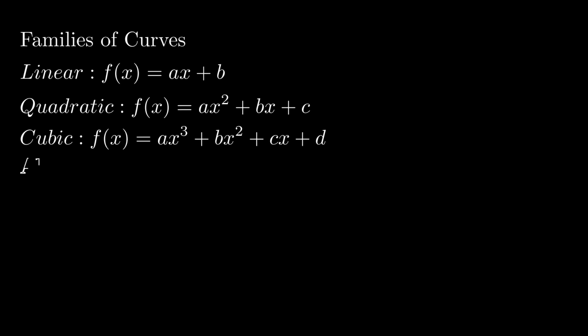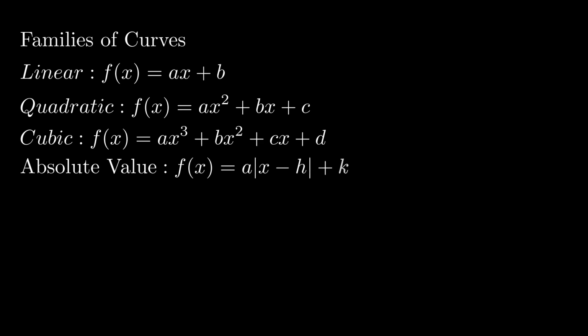And the absolute value function, which has V-shaped graphs, where the general form is f of x equals a times the absolute value of x minus h, plus k. The reciprocal functions, which have the shapes of hyperbolas, have the general form of a divided by x minus h, plus k.